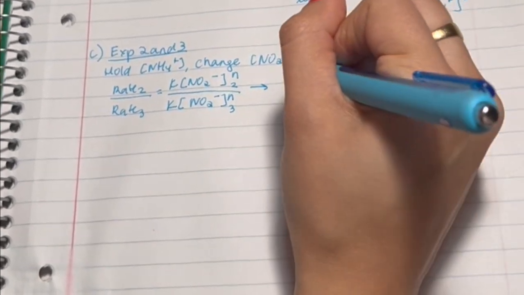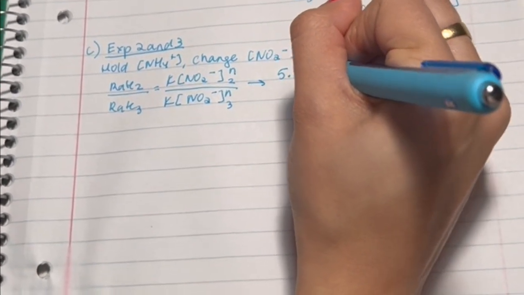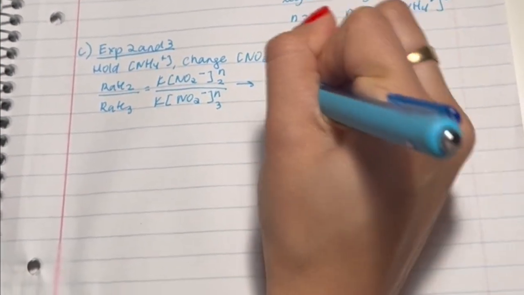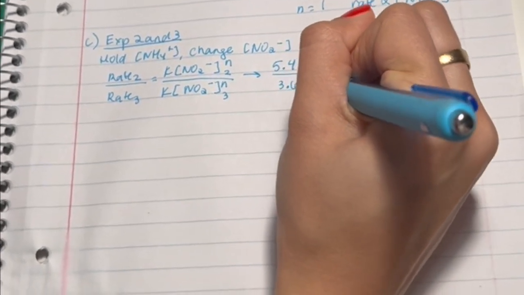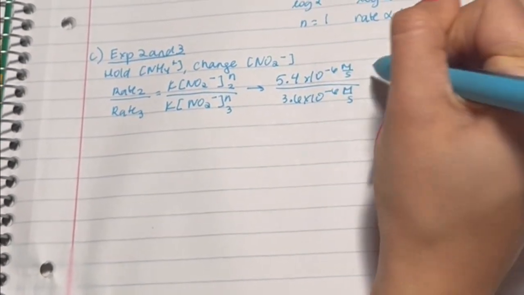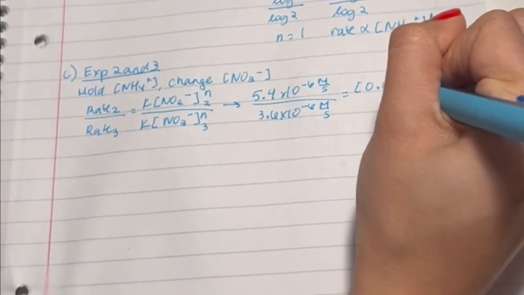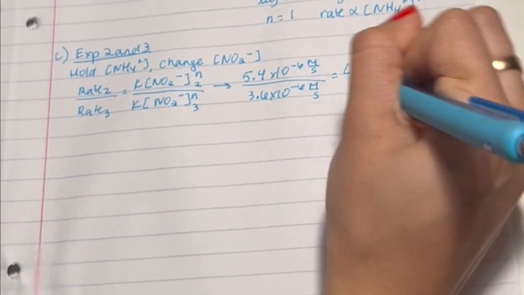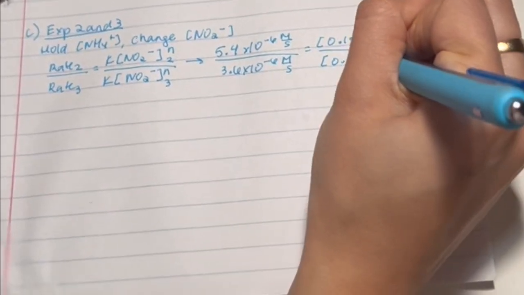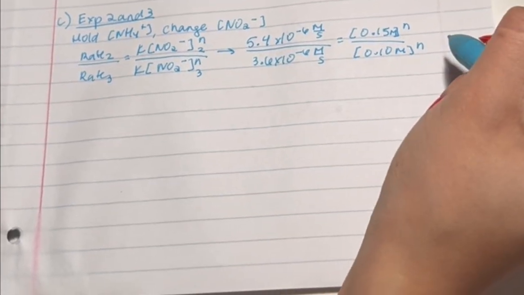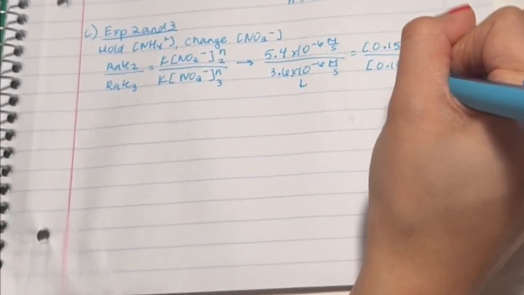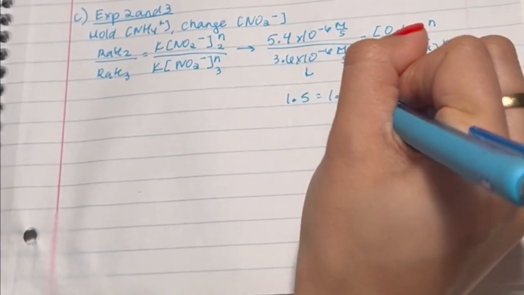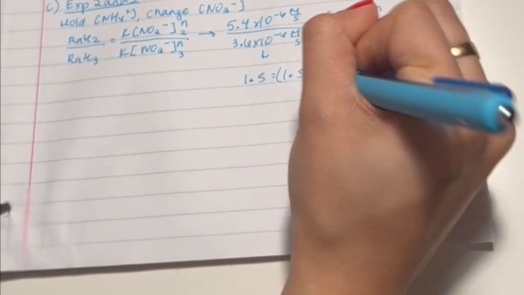When you plug in the numbers that you're given in the table, you have 5.4 times 10 to the negative 6 with our units, over 3.6 times 10 to the negative 6 with our units, which is equal to 0.15 with our units again, raised to the n, over 0.10 raised to the n. Now again, we're going to divide, and you get 1.5 and 1.5, and this is still raised to the n power.